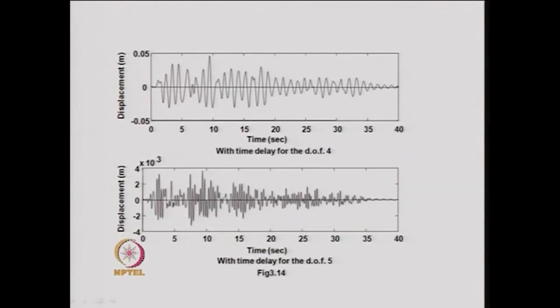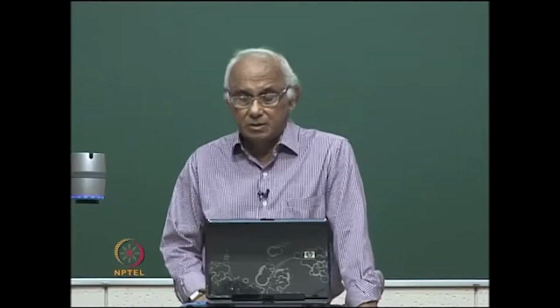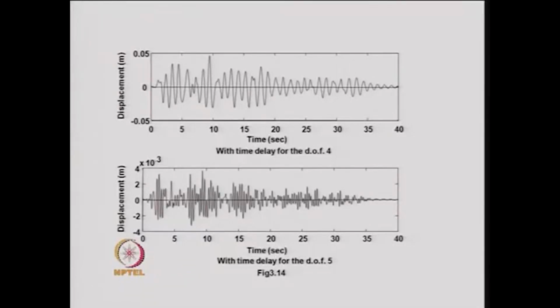So, we see that in the horizontal direction the response of the structure is decreased due to the time delay effect, whereas in the vertical direction, in which the ground motion is not acting, the response of the structure is increased.